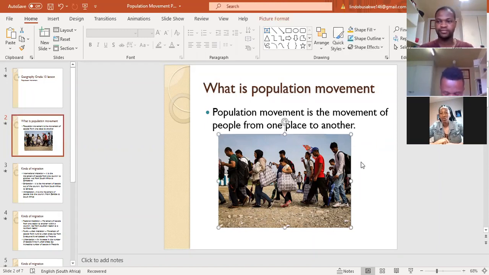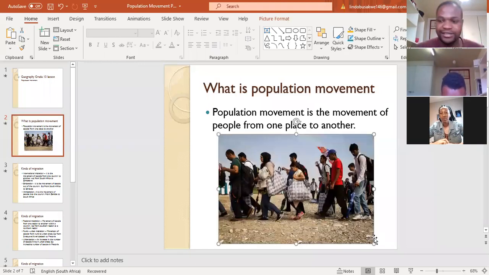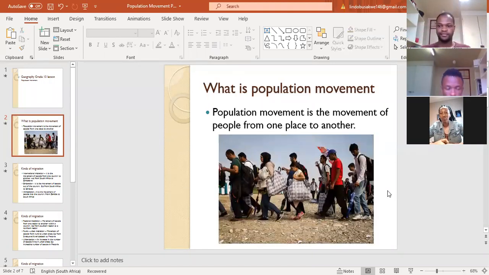If you check this picture, there are people moving, people having their bags, which means they are moving from one place to another. And remember, we have different reasons why people move, but for this lesson we are not going to get deep into that.